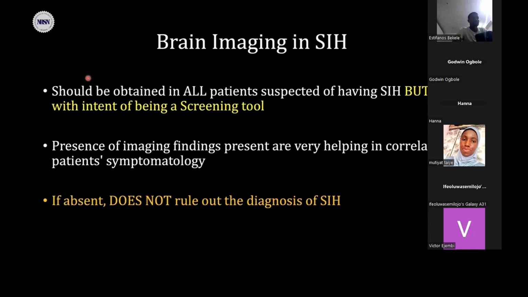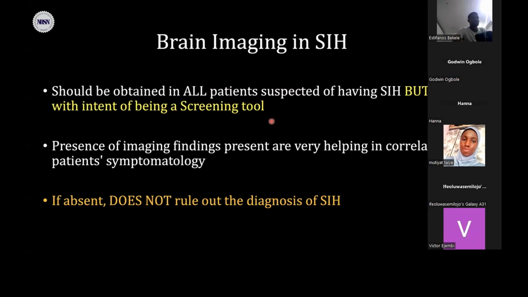However, it's good to know that in up to 90% of patients who fall under the categorization of SIH, they will have abnormal brain MRI features. Brain imaging is important in SIH, okay? Every patient that we suspect is having an SIH has to be imaged, where an MRI brain has to be obtained.